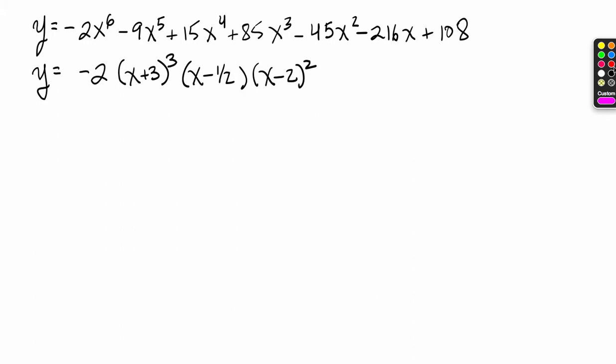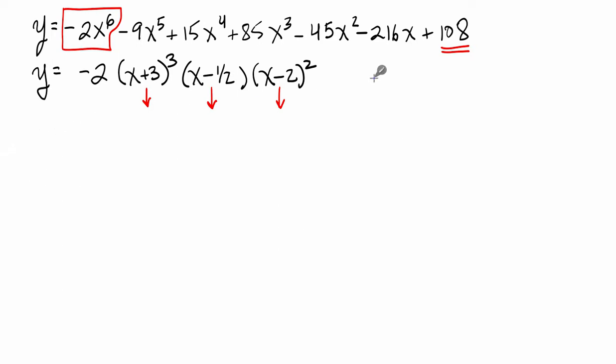Now remember, the three features that we're going to stick with in analyzing how to sketch a polynomial are the highest order term, which governs the end behavior, the y-intercept, and the y-intercept is always going to be this last constant term in the expanded polynomial, and third, the x-intercepts. And each of the various factors is going to contribute an x-intercept.